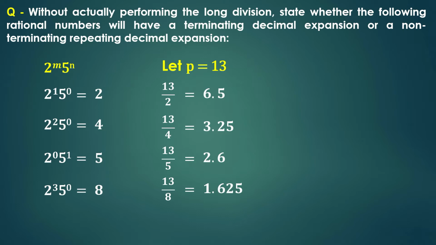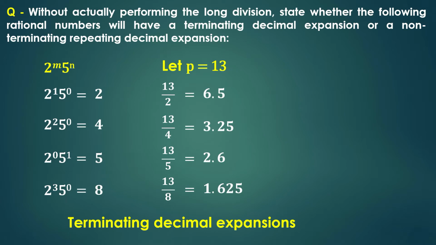We can see that all these numbers are terminating decimal expansions, which means 13 when divided by any number of the form 2 to the power m into 5 to the power n always gives a terminating decimal expansion. This is true for any value of p.